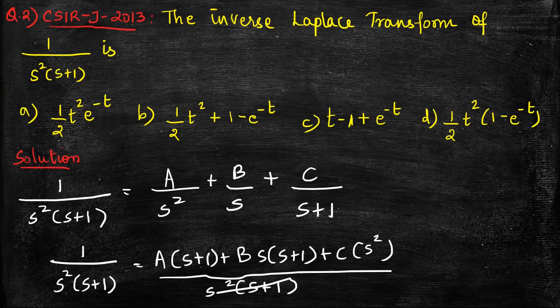So on solving this, you're going to get... now I'm going to just substitute various values for s so that I can get the constants. Now my s would be minus 1. On substituting s to be minus 1, I'll have only the c term, which is c is equal to 1.